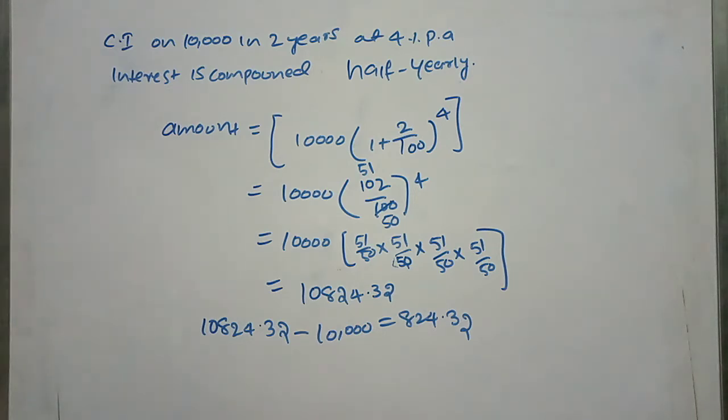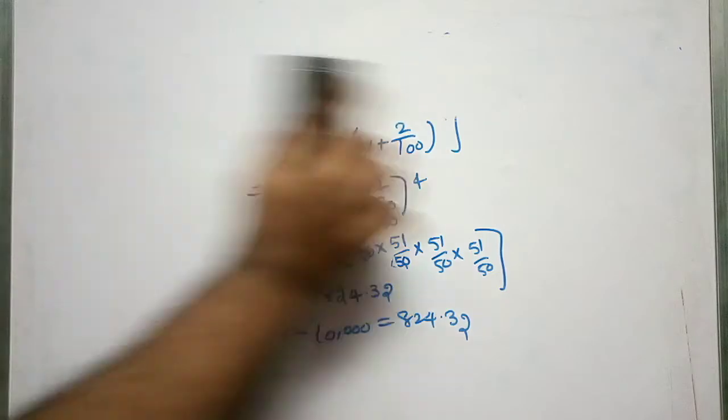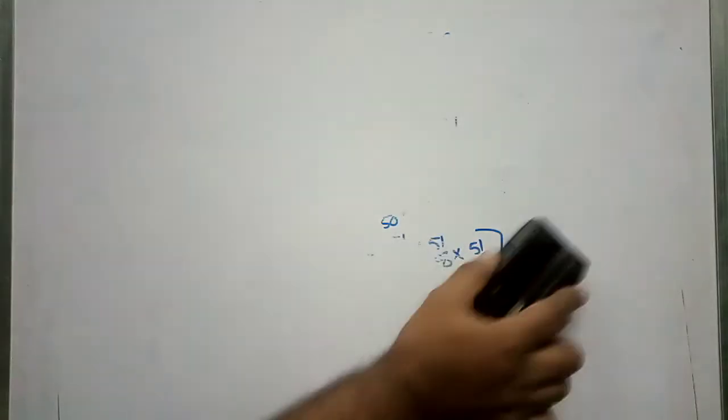So the next one is we can take quarterly. Okay, so next example: half yearly, annually we have seen, then fraction of years we have seen, semi-annually we have seen. So the next one can be quarterly.